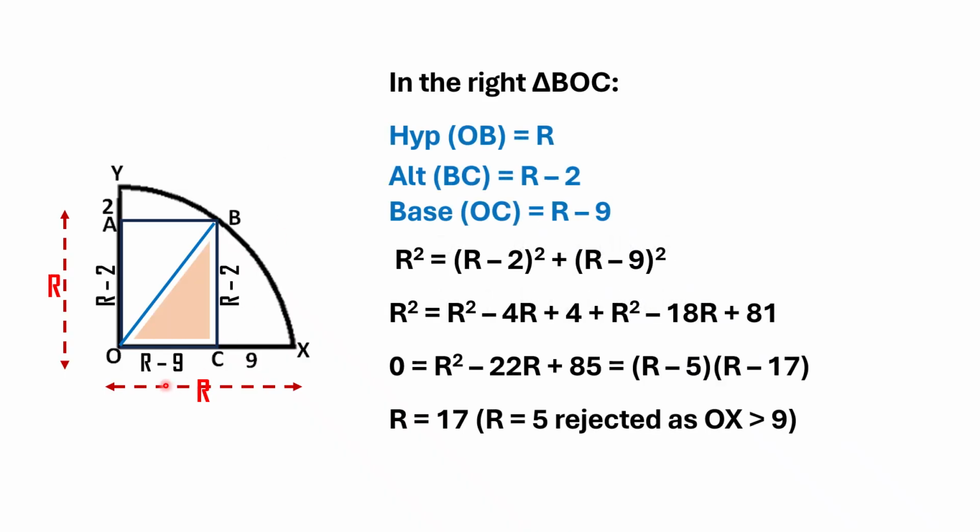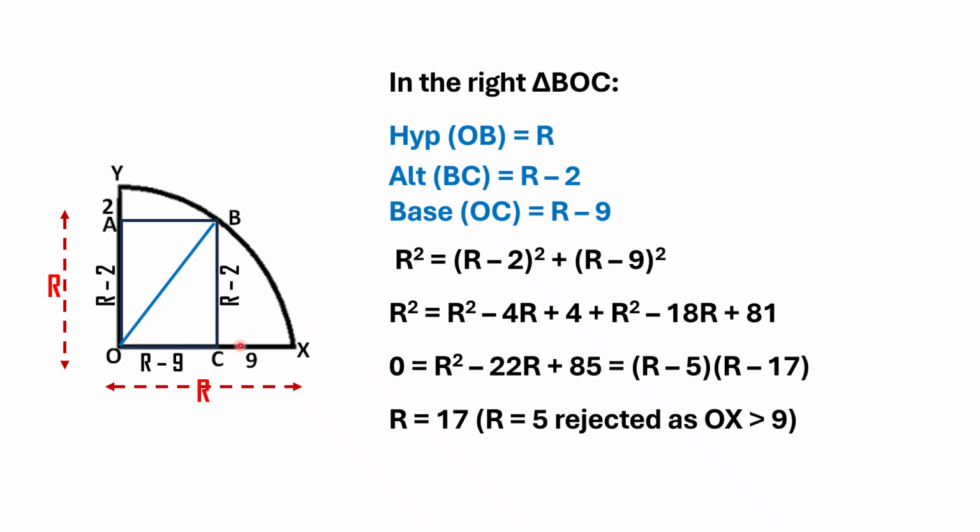Now look at the blinking right angle triangle. In the blinking right angle triangle, the hypotenuse OB is equal to R, that is the radius. The altitude CB is R minus 2, and the base is R minus 9.